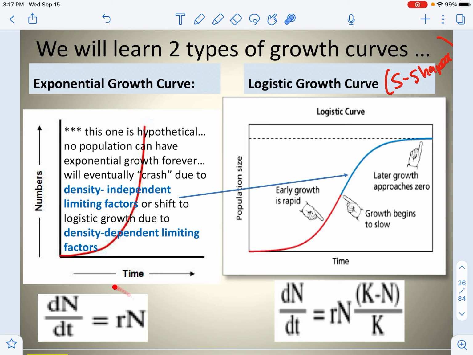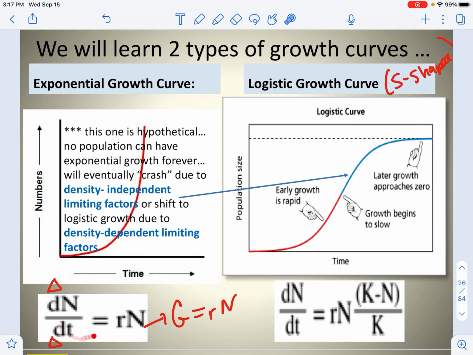This is the equation we'll go through for exponential growth. Basically, it's delta, remember, D is how AP writes delta. It's the change in number over time, which we sometimes refer to as the growth or the increase, equals r times N.